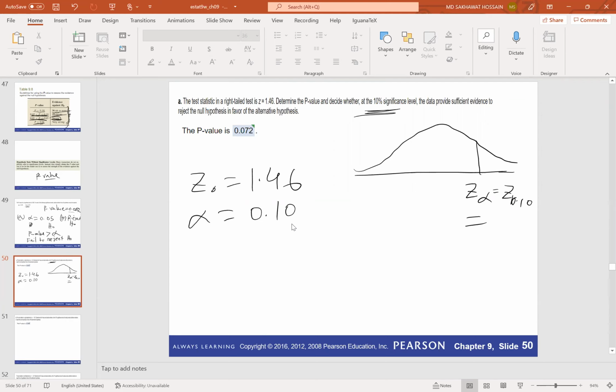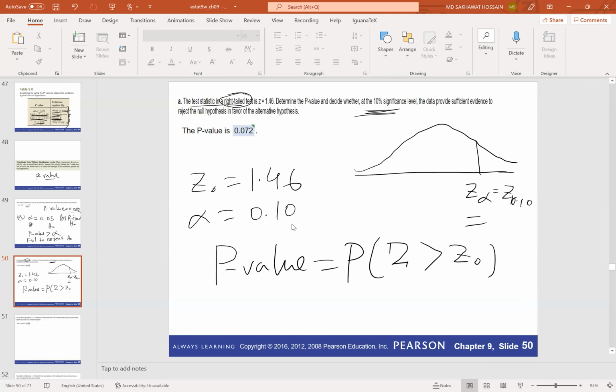So alpha is 0.10. Now we need to calculate the p-value. It is given that the test is a right tail test, so the p-value is the probability of z greater than z0, which means the probability of z greater than 1.46.